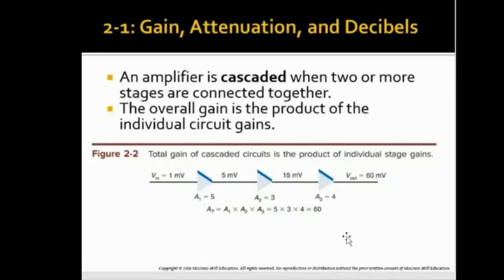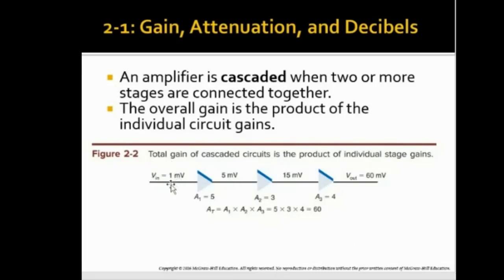An amplifier is cascaded when two or more stages are connected together. In a system, you may have a few amplifiers joined in series, which is called cascaded. The overall gain is the product of the individual circuit gains. Here is one example.